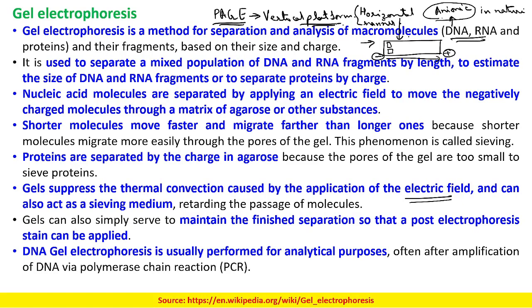Okay. DNA gel electrophoresis, that means the agarose gel electrophoresis, is usually performed for analytical purposes, often after amplification of DNA by polymerase chain reaction. So you want to analyze whether a certain fragment of the DNA or the RNA has been produced. Okay.